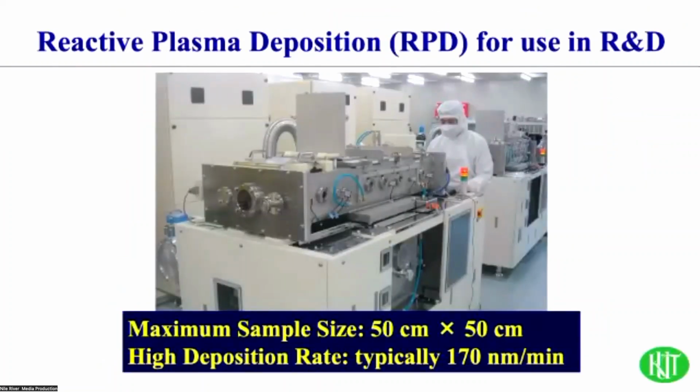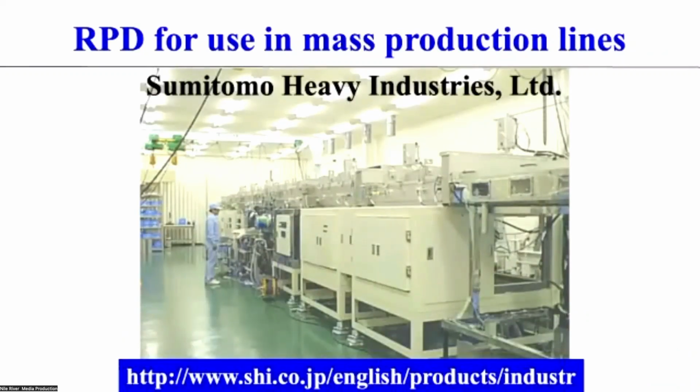And this is a photograph of the RPD in our laboratory, okay? And the maximum sample size is 50 centimeter by 50 centimeter, okay? And this is a photograph of RPD for use in the mass production lines produced and provided by Sumitomo Heavy Industries, okay? I'm not a salesman of Sumitomo Heavy Industries, okay?